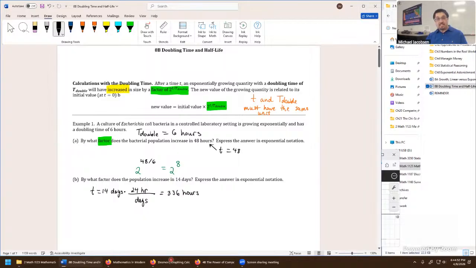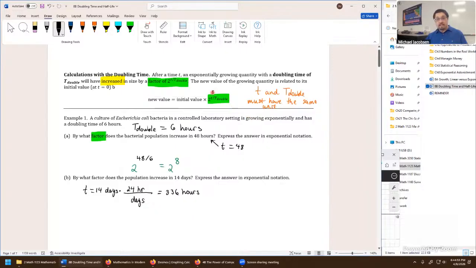And with that set up, we can now use this equation. The growth factor the population increases by in 14 days is going to be 2 to the power of the time, 336 hours, divided by the doubling time of 6 hours, which now we can return back to the calculator again.